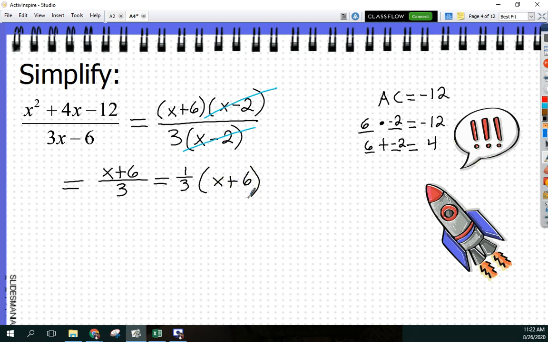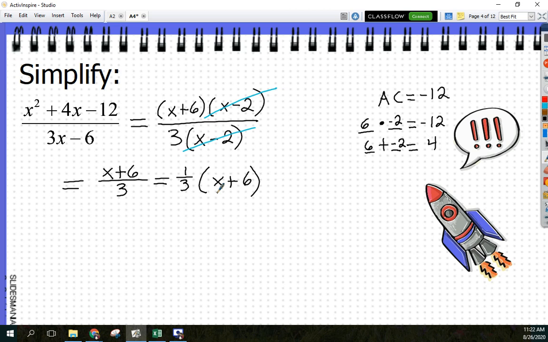Now, it is important to note, these equal signs mean that the first expression, no matter what I plug in for x, is going to give me the same thing as my last expression if I plugged in that same number into the last expression.